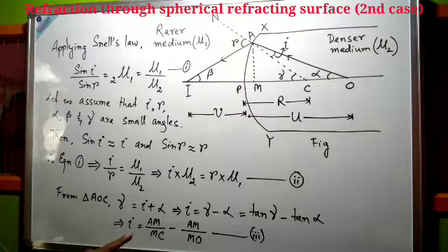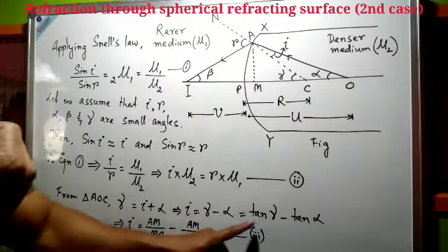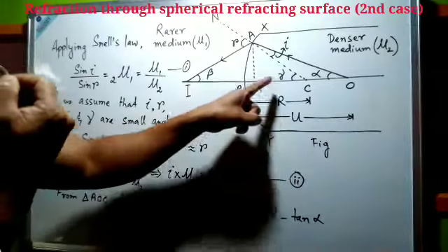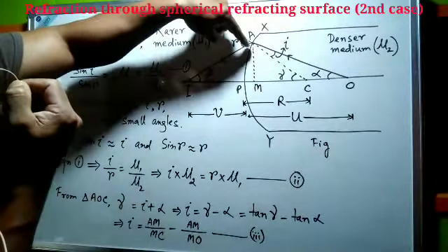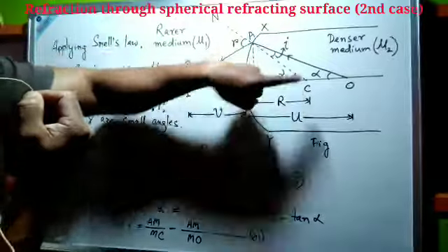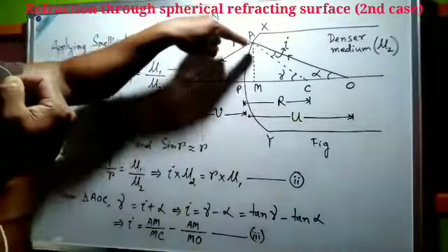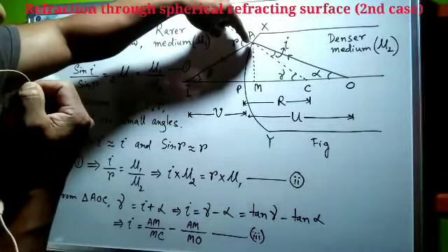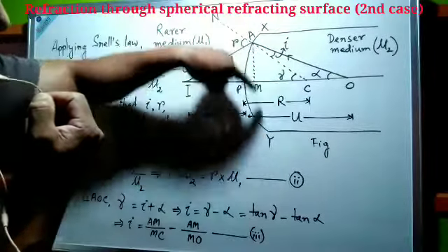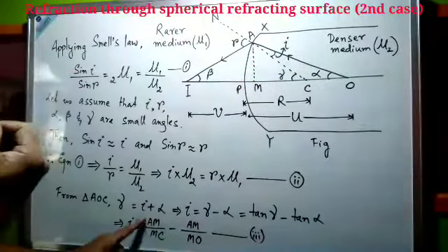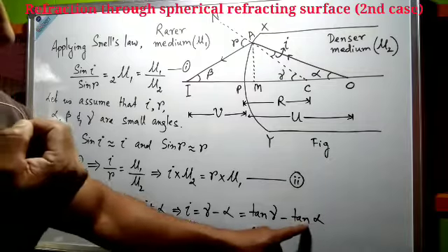Then angle I can be expressed like this: I equal to tan gamma minus tan alpha. See, from this figure, let us take right triangle AMC. So tan gamma is equal to perpendicular divided by base, that is AM by MC, and similarly tan alpha.